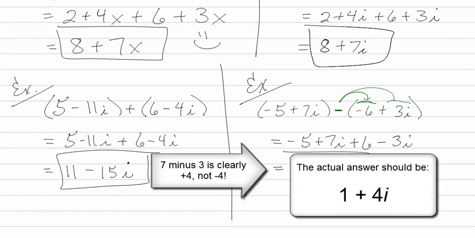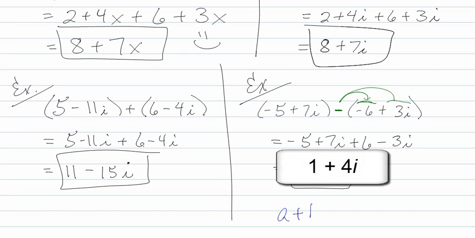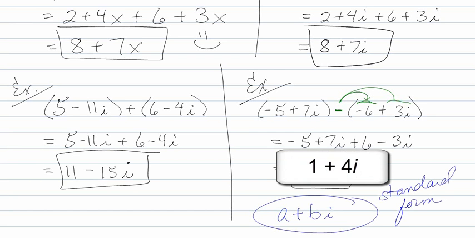Now you'll notice something that we're doing here. Every time we do this, we're doing blah plus something i, blah minus something i. The reason we're doing this is we're putting everything in this format, a plus bi. This is called standard form. And it's important because it's just good manners. If you don't have your stuff in standard form, you can't come to my party.